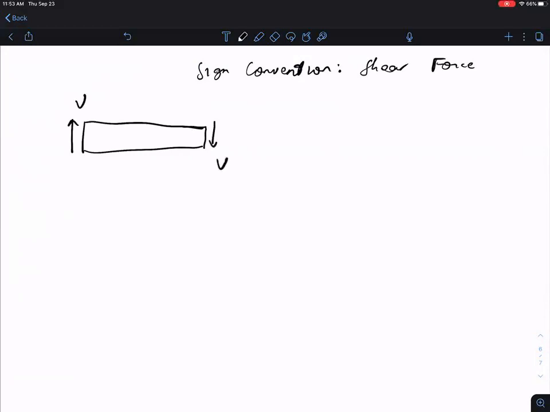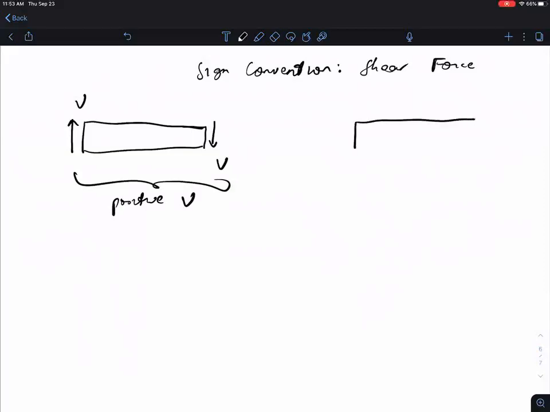And in this particular case, these shear forces produce a clockwise moment, right? The couple that's formed by these two shear forces produces a clockwise moment. Therefore, we say this is a positive shear force.